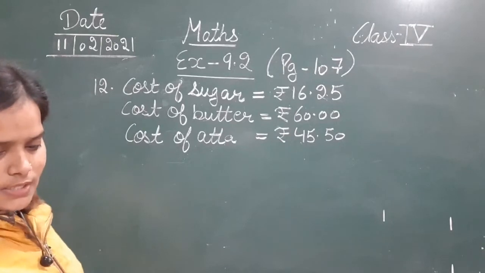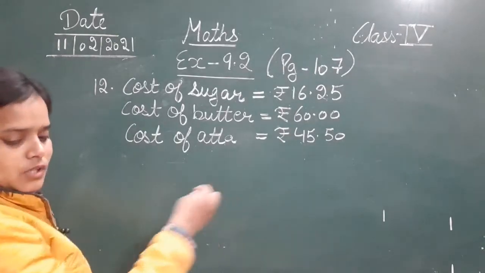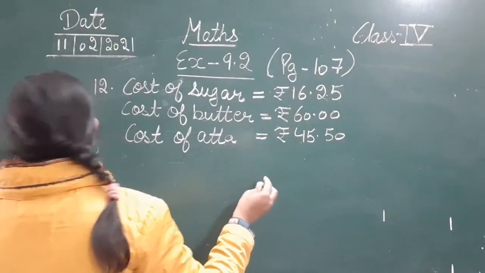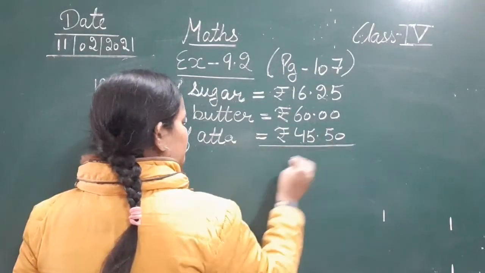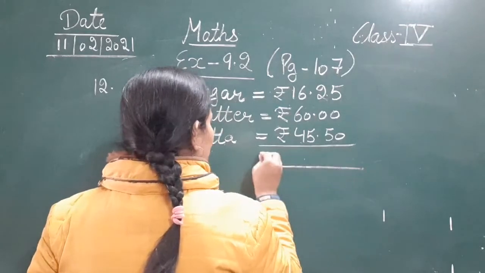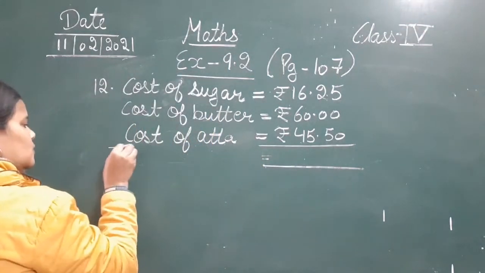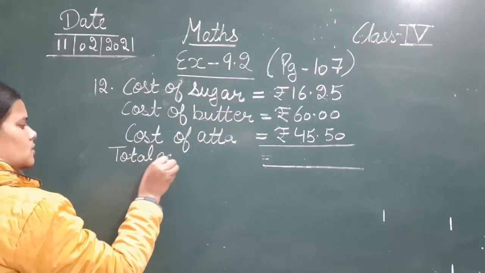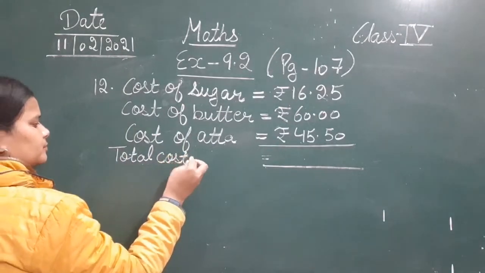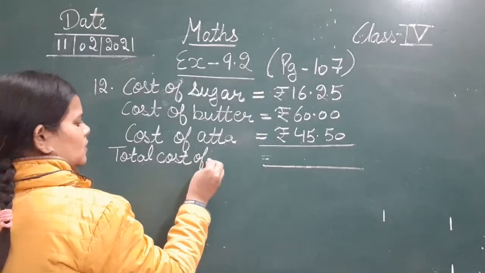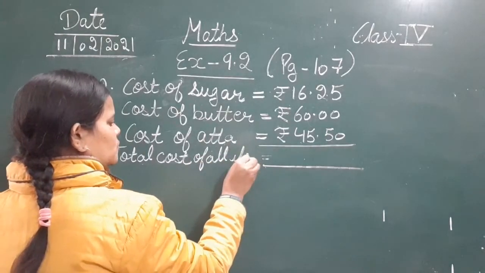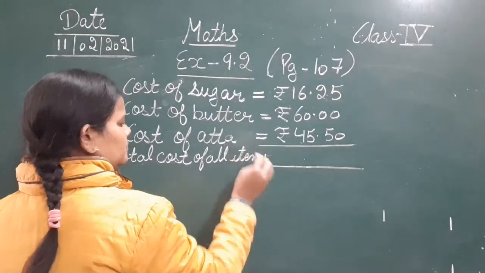So now these three items that he had bought, let's calculate the total cost. Total cost of all items.